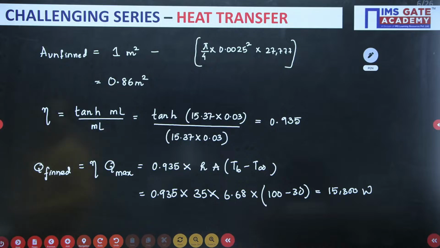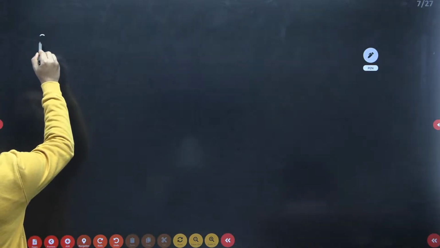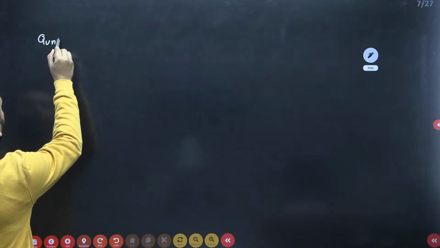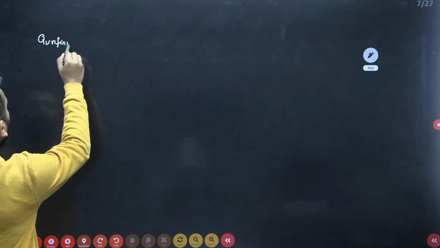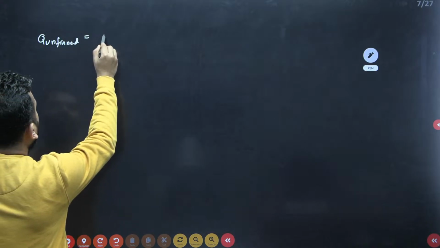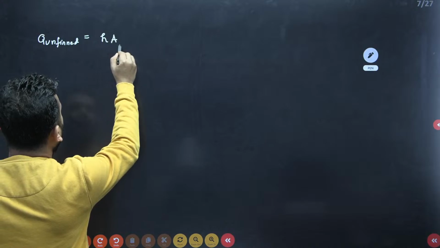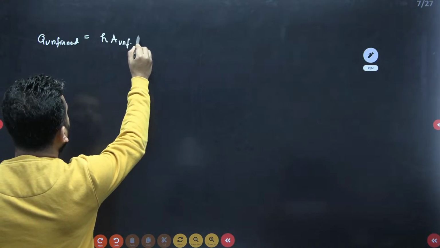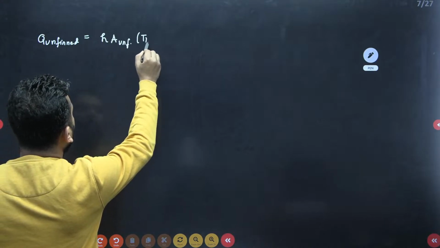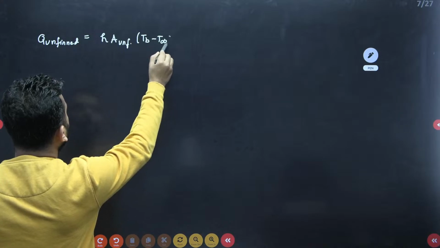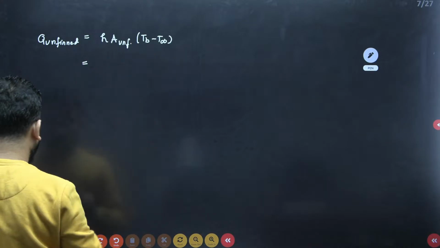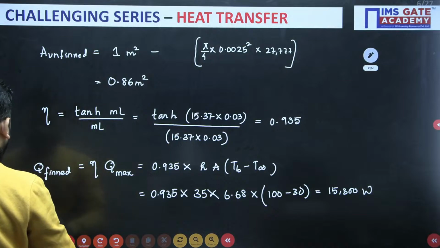Now the problem is not done. This is Q finned. So what will be Q unfinned? Because not everywhere is fin present. So Q unfinned will be h times area of unfinned times (T_b minus T infinity). So h is 35.